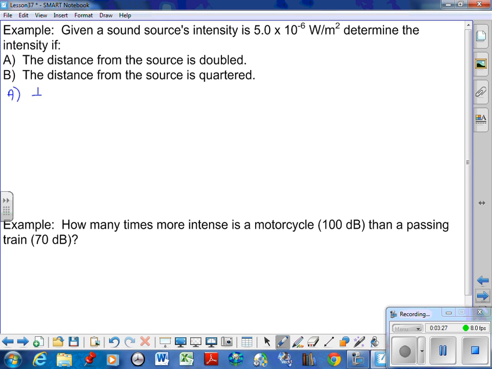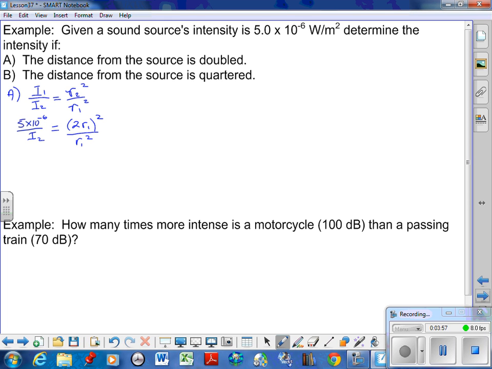So I1 over I2 will equal R2 squared over R1 squared. I1 is 5 times 10 to the negative 6 over I2. Distance is doubled, so let's change R2 into 2 times R1.